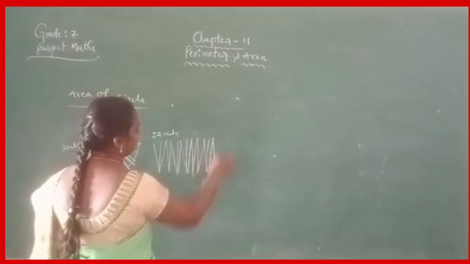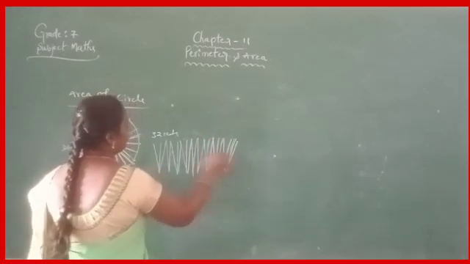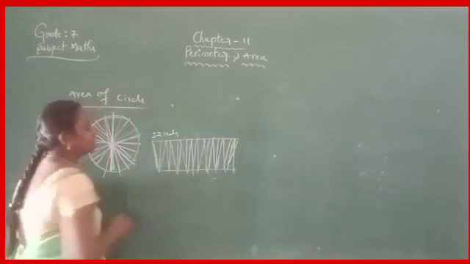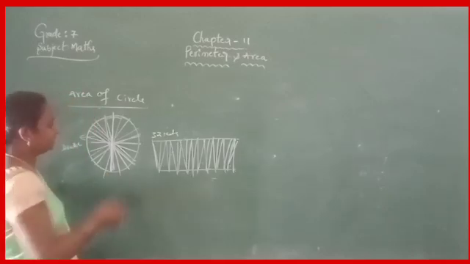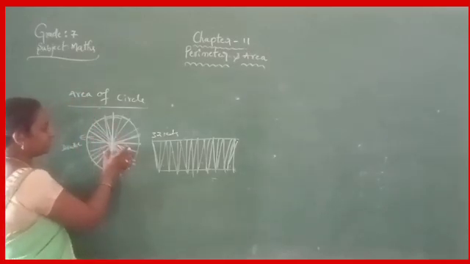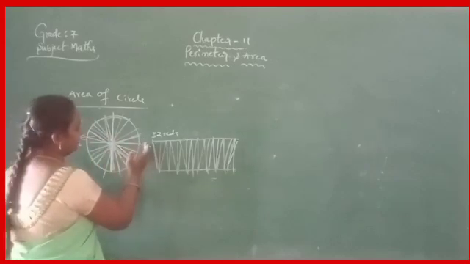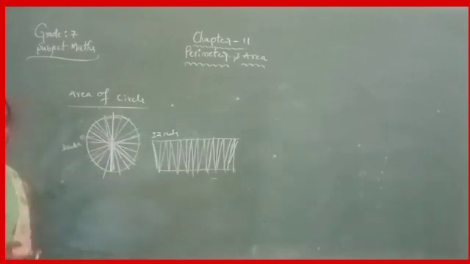You can do this practically. First divide the circle into 64 sectors. One part has 32 sectors and one more part has 32 sectors.